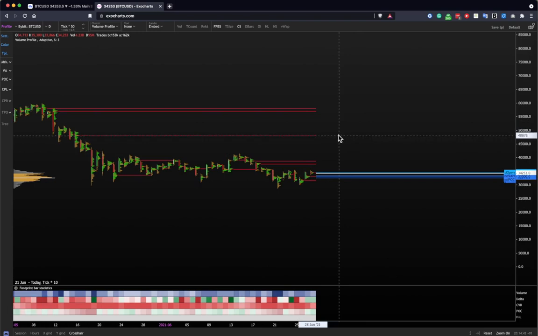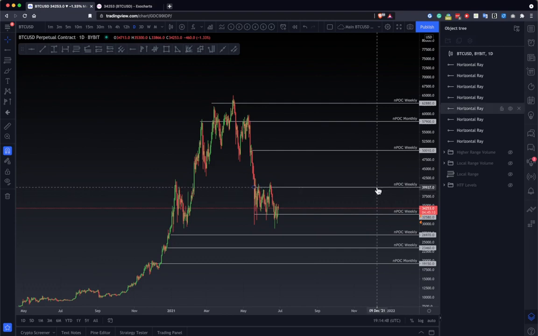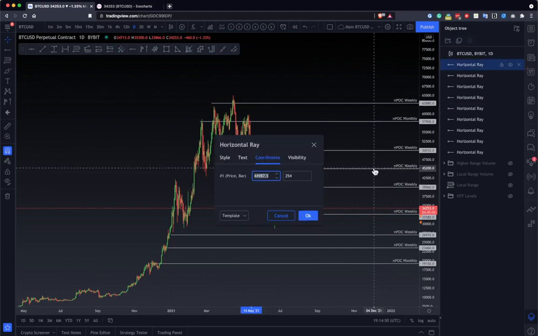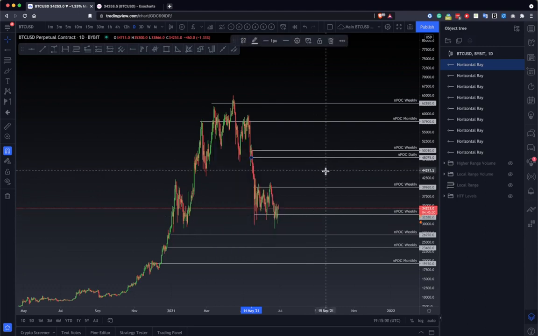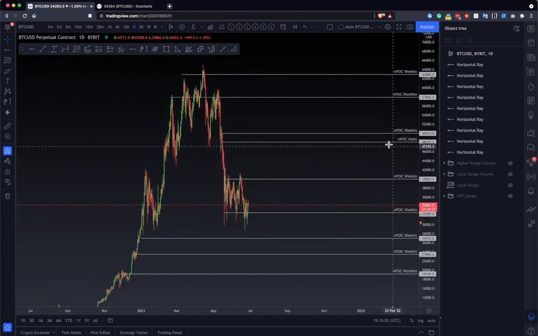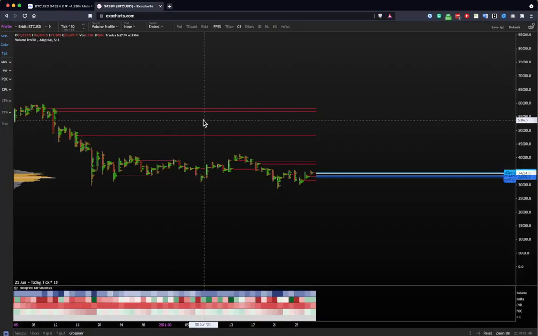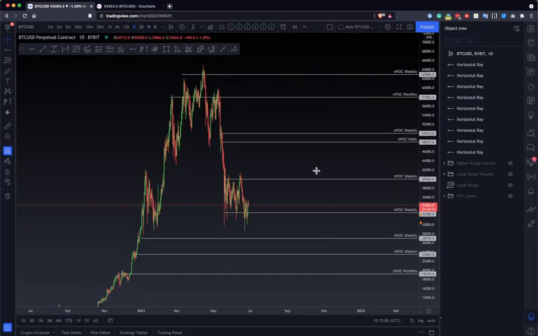What is this one? 48,075. So this is a zone of resistance. Price might reach here and even reject here, or it might go slightly up and get more liquidity before it heads down.